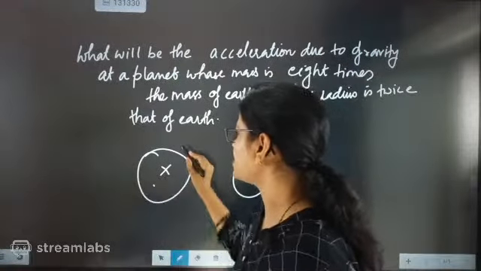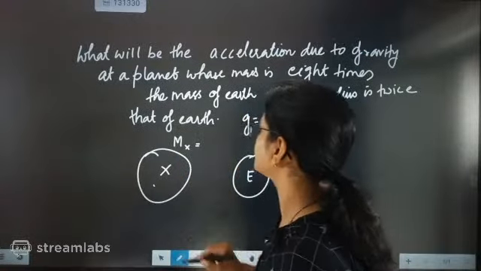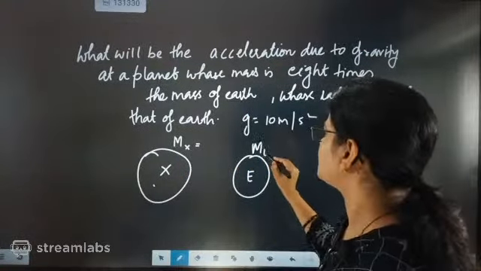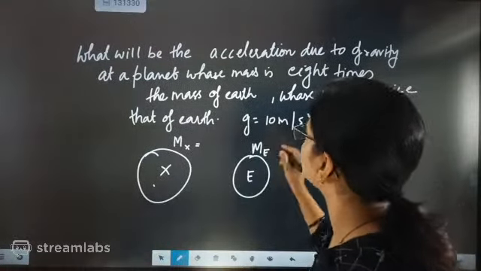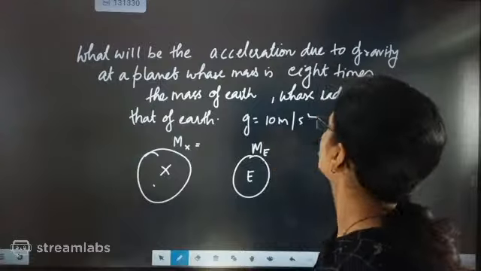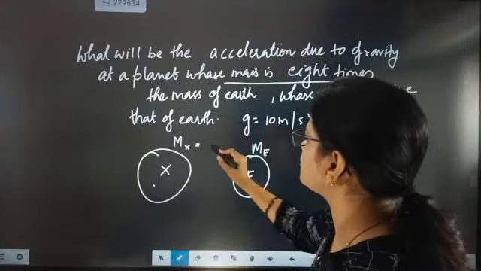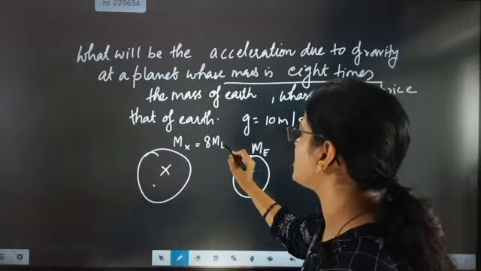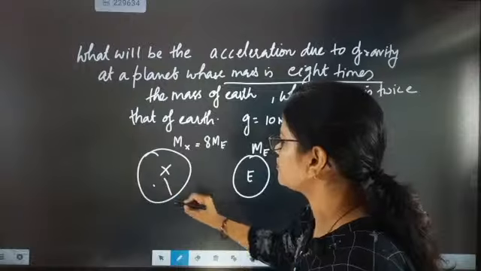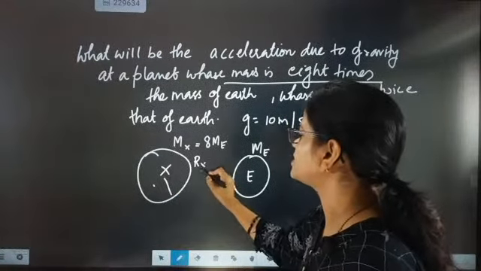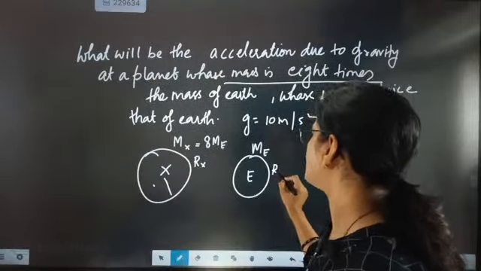Now what they are telling is that the mass of this planet X is exactly 8 times the mass of Earth. And the radius of this planet X is given as twice that of Earth, where the radius of Earth is RE.